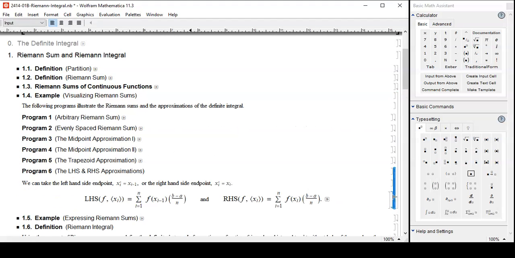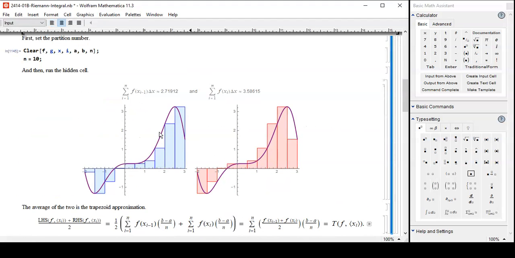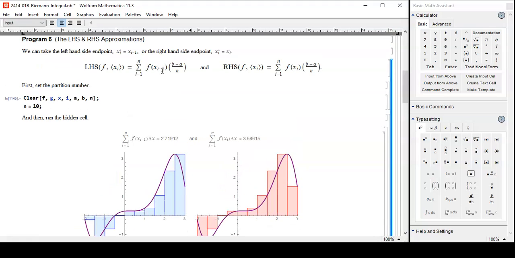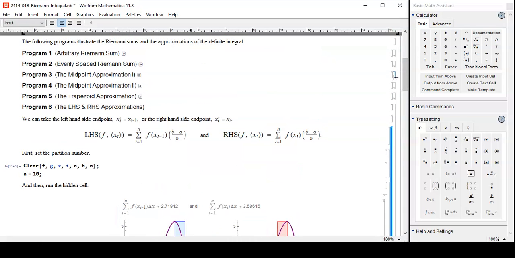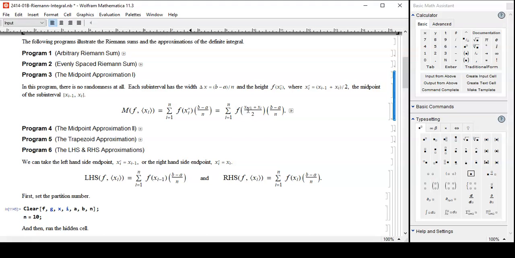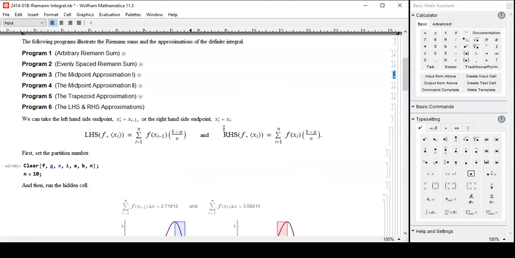Left-hand side versus right-hand side endpoint. You see, left-hand side we need i minus 1. Right-hand side is xi. That's the one. We have xk instead of xi, but that's the only difference, the change of character. This is the one I'm looking for. And of course, it's not the midpoint. It's not something that complicated. It's the right-hand side approximation, this particular Riemann sum, that is in action.